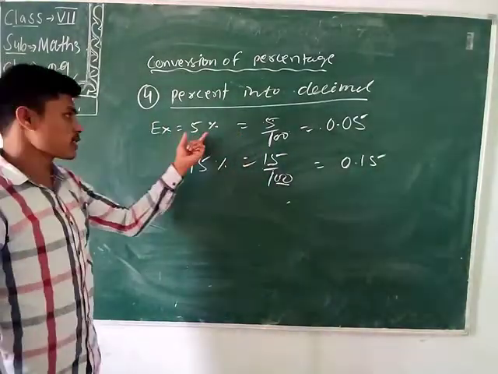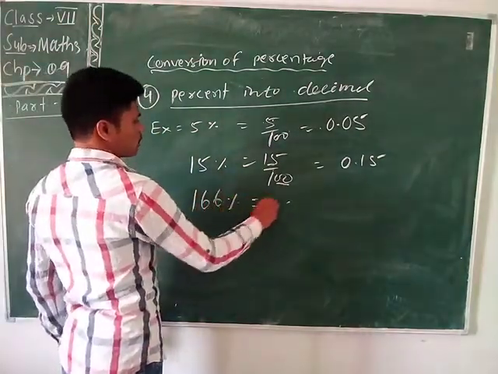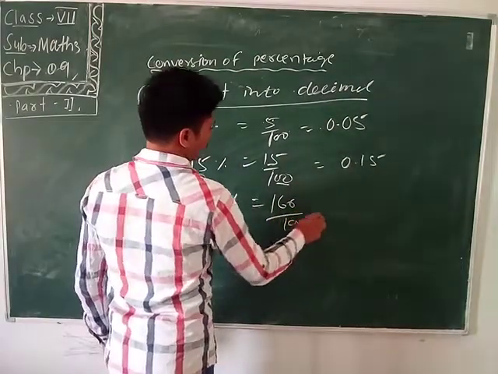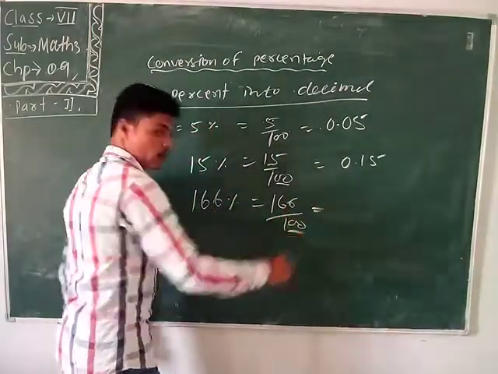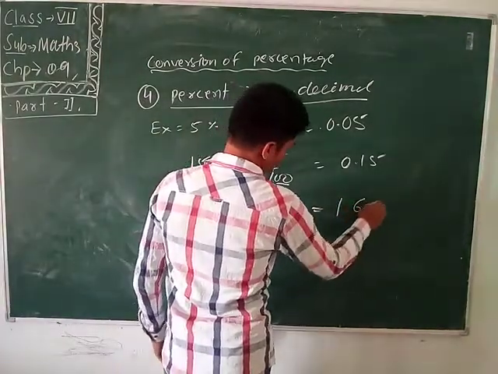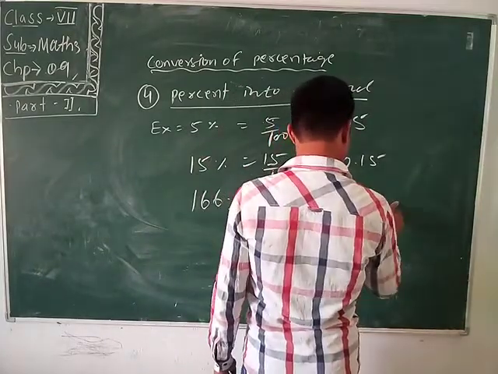Percentage into decimal: another number is 166%. That means 166 by 100, which gives 1.66.